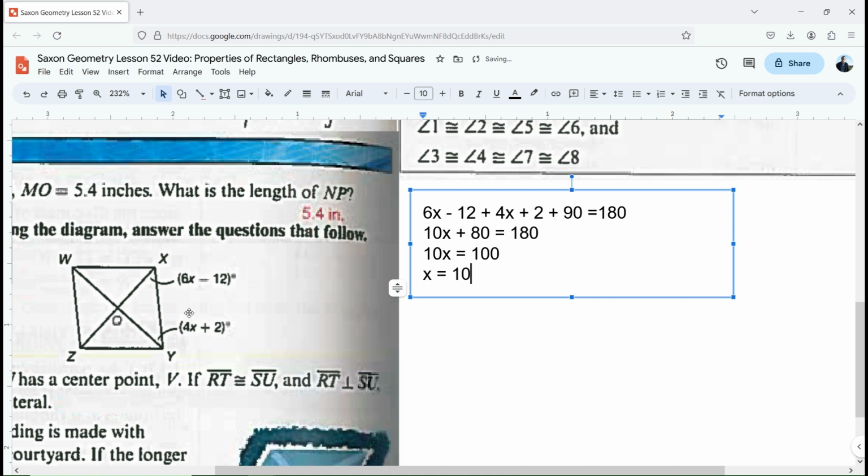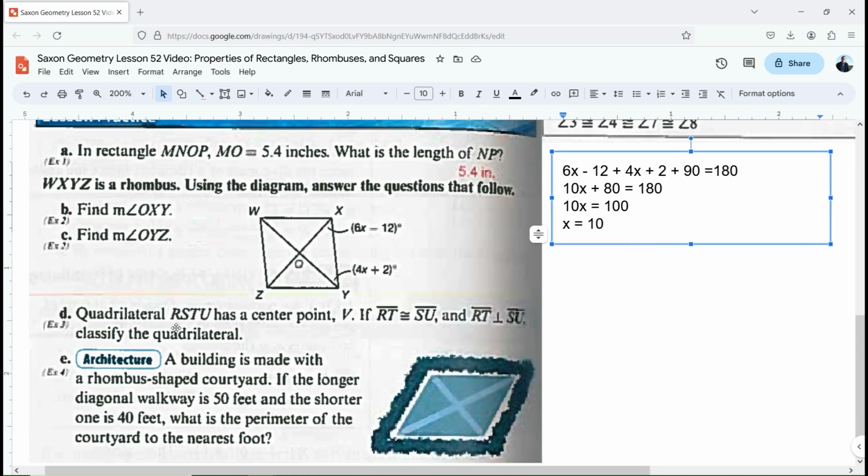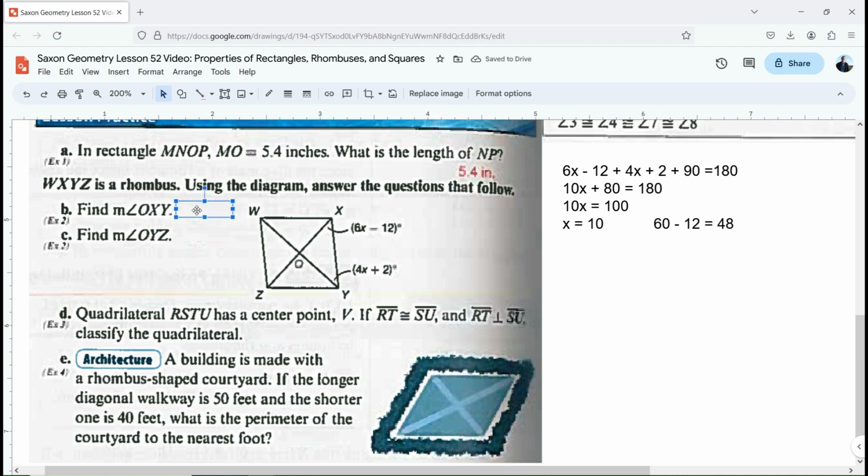All right, so if x equals 10, one of the questions here is what is the measure of angle OXY? If x equals 10, it's going to be 6 times 10, 60, minus 12. So 60 minus 12 is 48. Let's see if we answered that one correctly. 48 degrees.